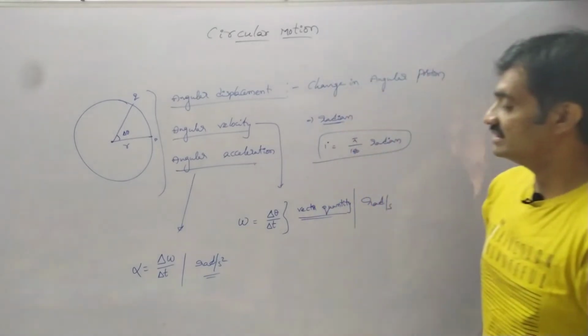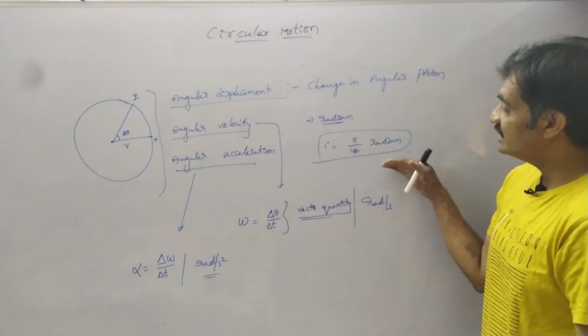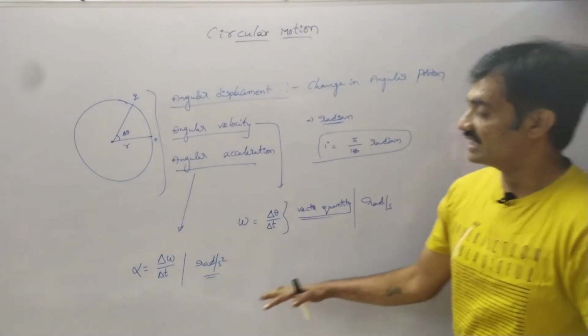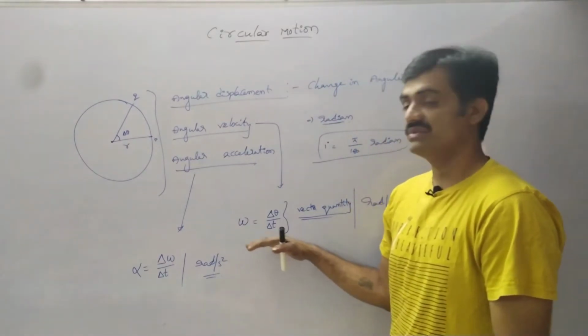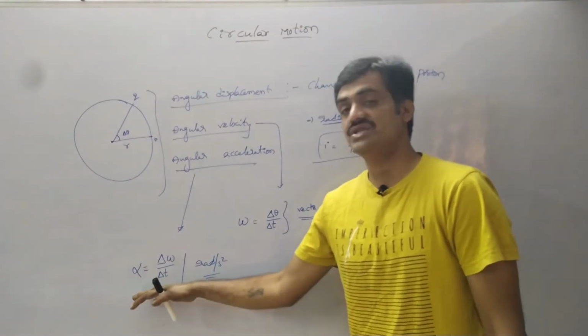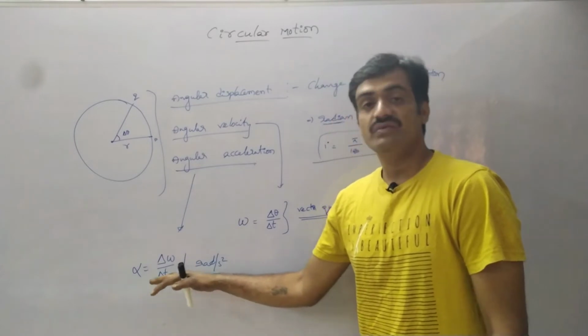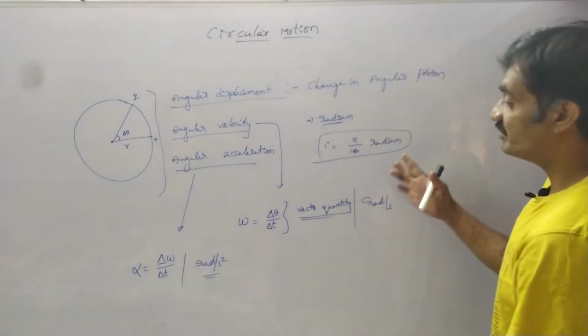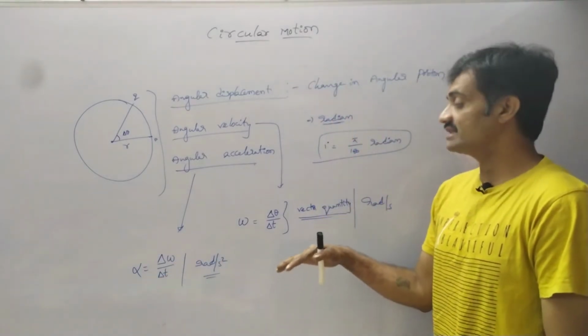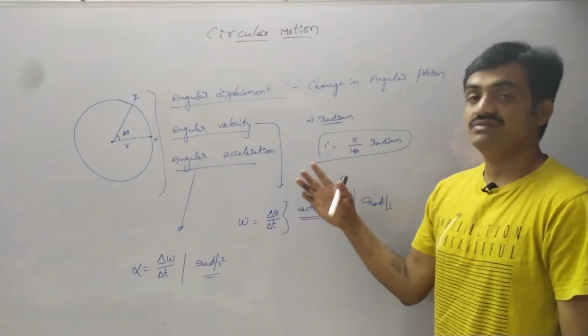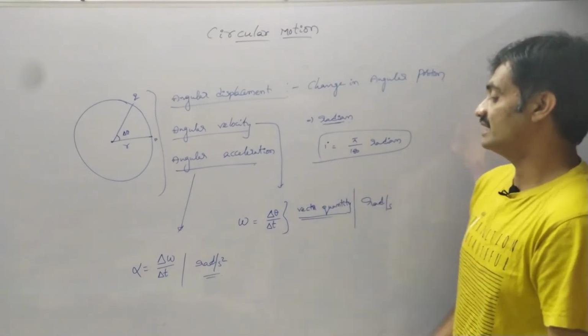So for angular displacement, angular velocity, and angular acceleration, here we had represented the change in displacement as well as the change in velocity with respect to time. We can also represent the instantaneous angular velocity as well as the instantaneous angular acceleration.